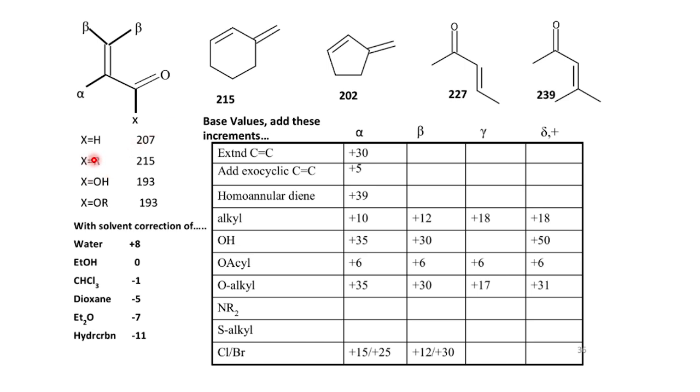Now if you are substituting X with R, meaning any methyl or alkyl group, it is increased to 215. Now why is it happening? Because if it is R, there will be a plus I inductive effect towards this carbon.